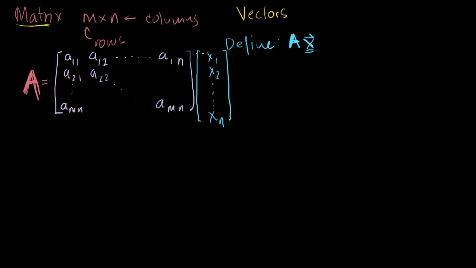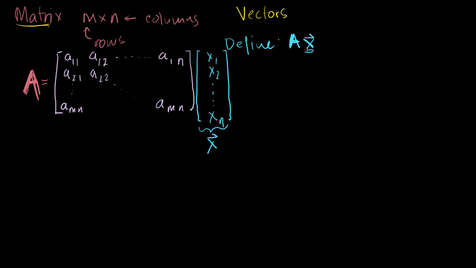This vector right here could be a different height than this matrix. What matters is that the number of a's you have in this direction, you have n a's here, then you have n components of this vector right here. And if you have that constraint, if the number of components in the vector is equal to the number of columns in your matrix, then we define this product to be equal to the following. That's my vector x.